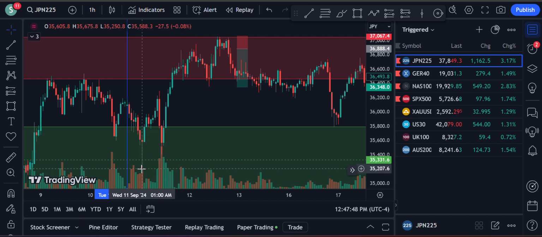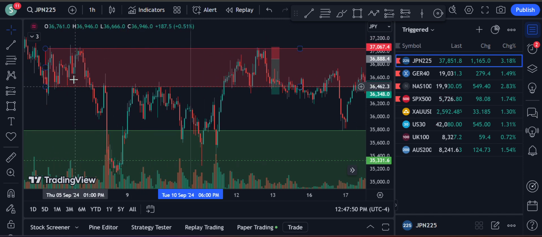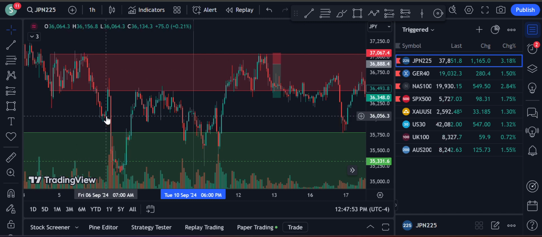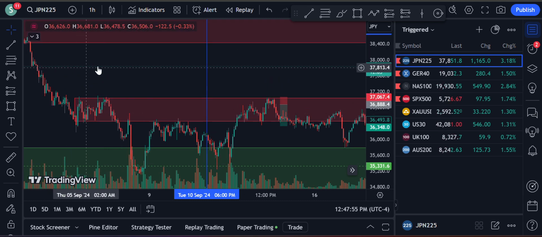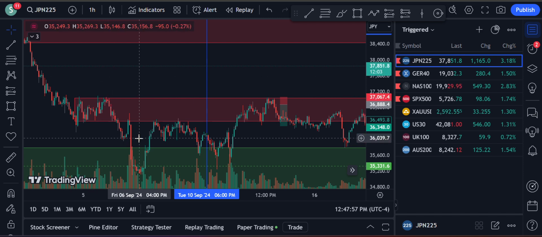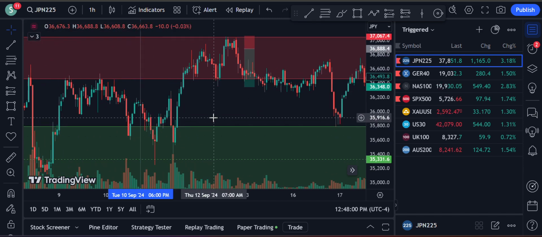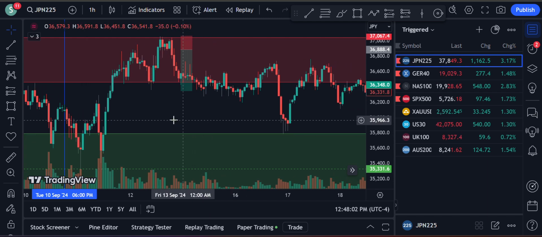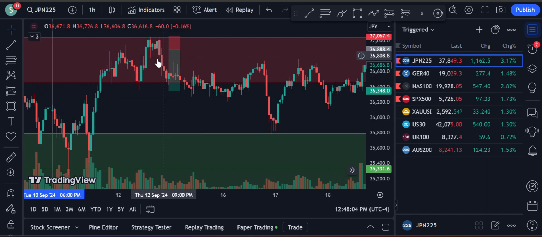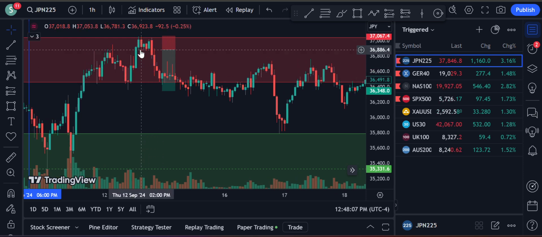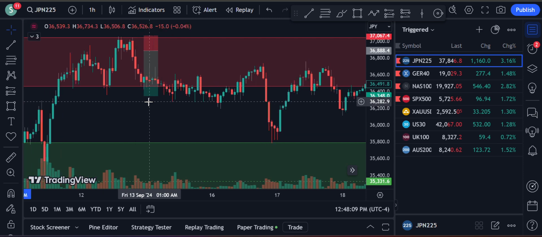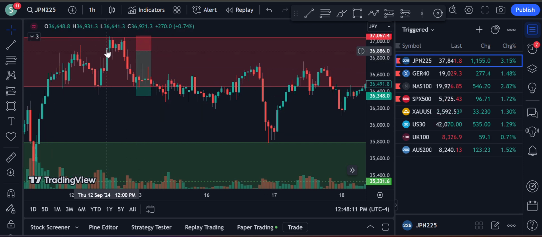And why it failed, I already told you: it came from weekly demand zone and then good daily demand zone. And the supply zone was also not good, and the trend was up. Although it broke one demand zone, it was not a good demand zone. Why this confirmation supply zone was also not good is that we can see 5 base candles, and the leg out candle is around in the same range.